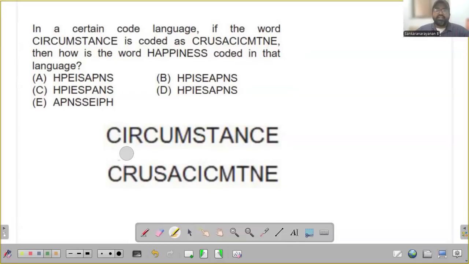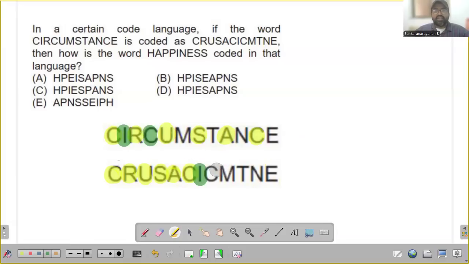See this C. I shall highlight it with the yellow color, then you can understand. C is fine. Then you can say R is coming here. Then this U is presented here. This S is presented here. This A is presented here. And this C is presented here. And then we can see that I is presented here.